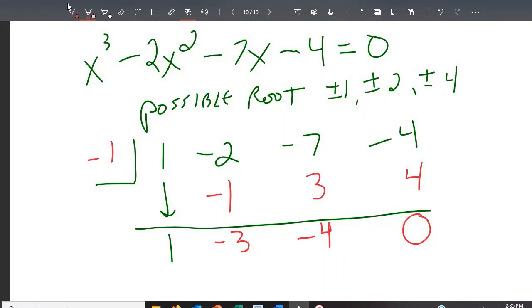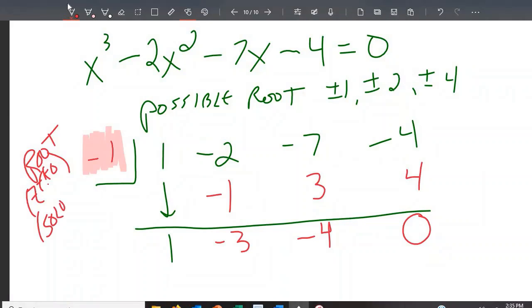What that means, this is a root, which is the same thing as a 0, which is the same thing as my solution. So one of my answers for this problem is x will be negative 1.